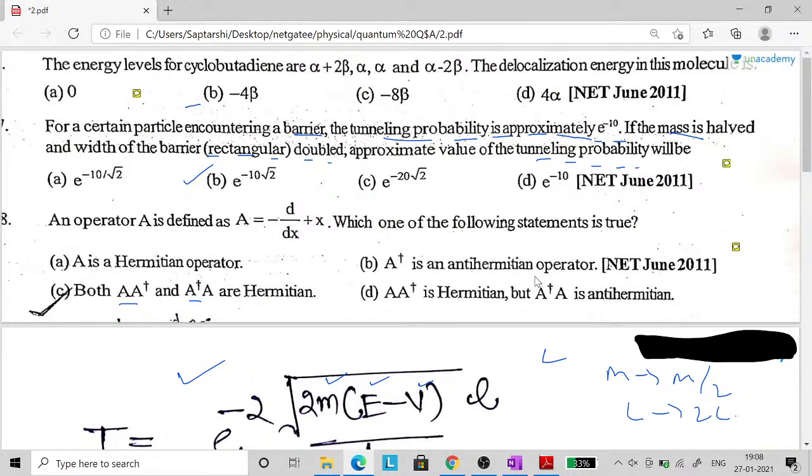So first of all we note that d/dx is anti-Hermitian and x is Hermitian, and your A complex conjugate will be, I think there's a shorter way of doing this thing.